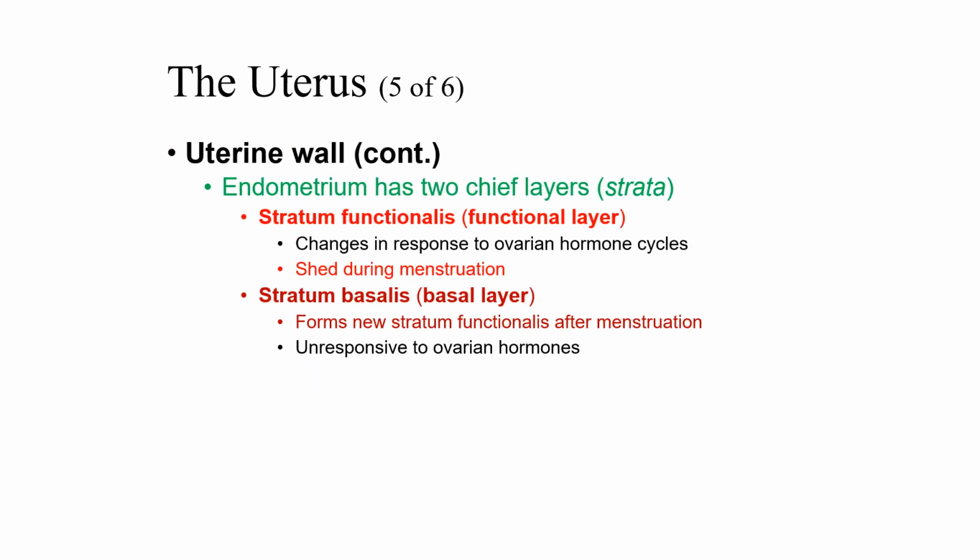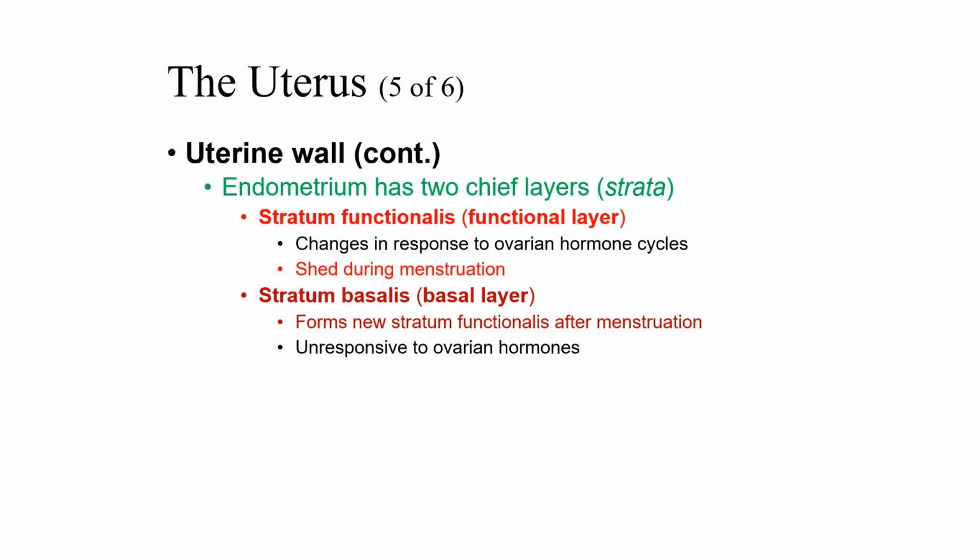So the endometrium has 2 layers, the stratum functionalis and the stratum basalis. If you want to say the functional layer and the basal layer, that's fine. The functional layer is the layer that's shed during menstruation. The basal layer is the layer that forms the new functional layer after menstruation.